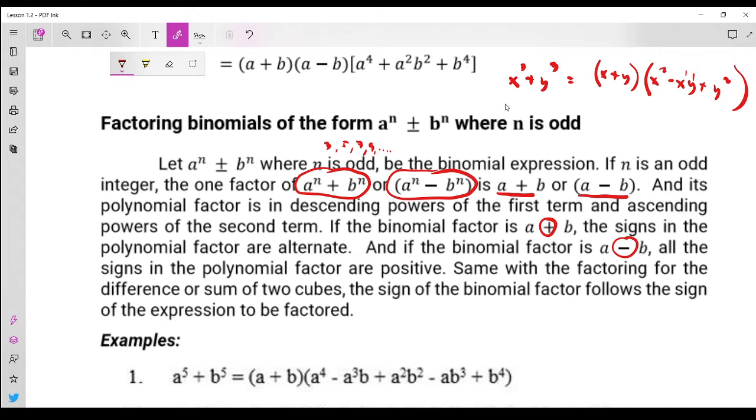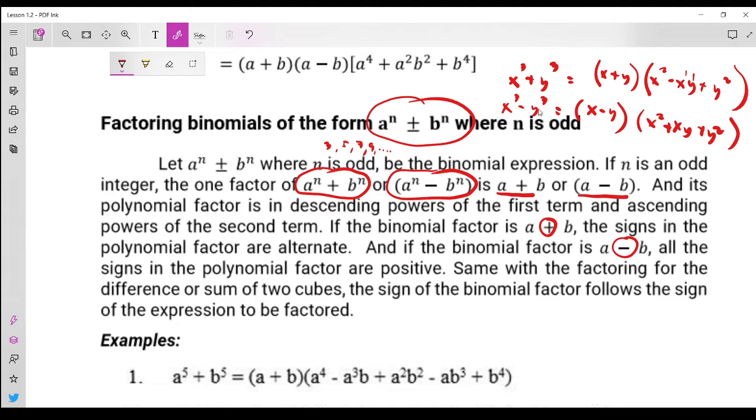Remember that x cubed minus y cubed has the factors x minus y and x squared plus xy plus y squared, so all signs here are positive. Again, this is the factoring of the sum or difference of two cubes, a raised to n plus or minus b raised to n, where n is odd.